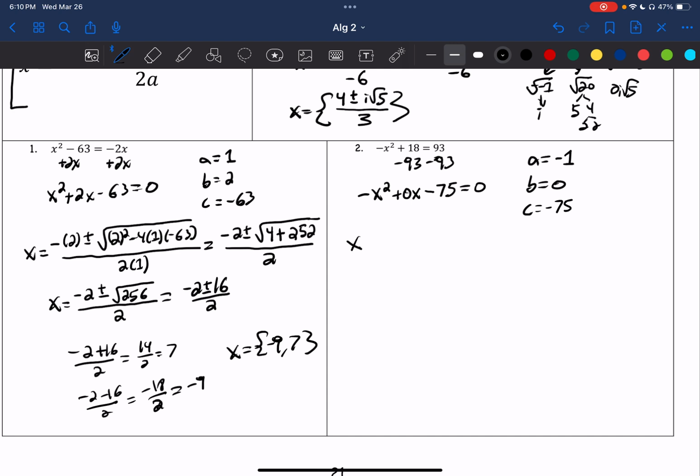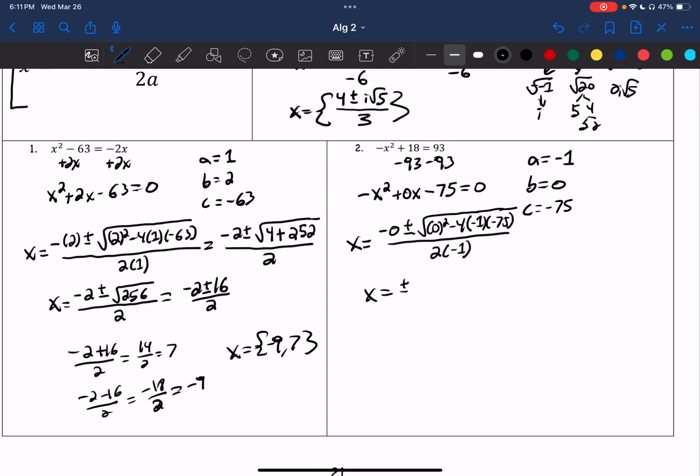So now we're going to plug that into our formula. Negative 0 plus or minus the square root of 0 squared minus 4 times negative 1 times negative 75, all over 2 times negative 1. Negative 0 is, of course, just 0.